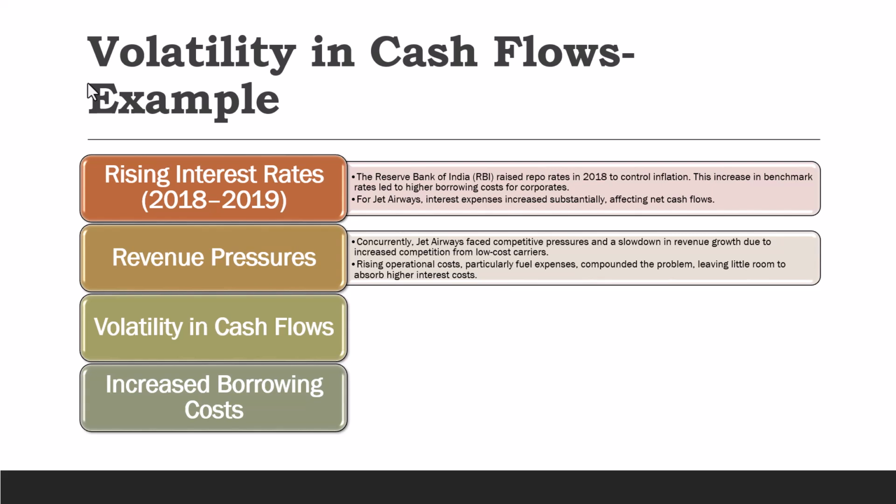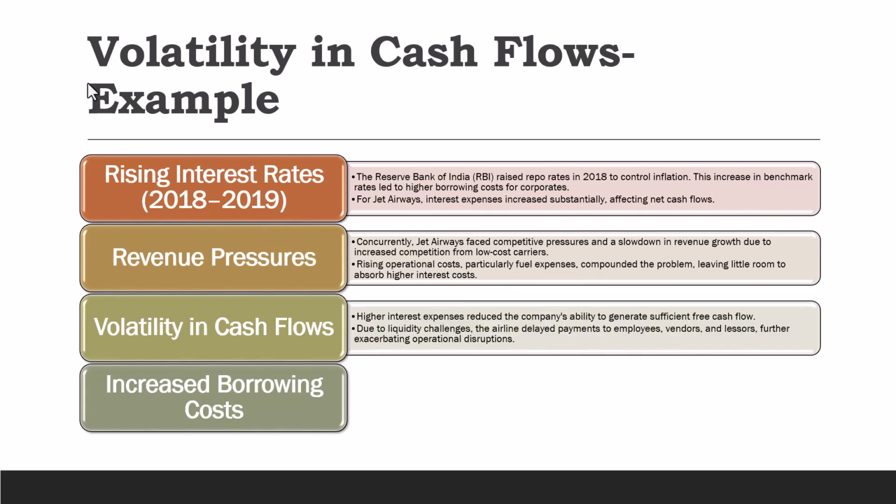At the same time, they were experiencing pressures on their top line also. Concurrently, Jet Airways faced competition pressure and a slowdown in revenue growth due to increased competition from low-cost carriers. Rising operational cost, particularly fuel expenses, compounded the problem, leaving little room to absorb higher interest cost. So volatility in cash flows: the result was that the cash flows were not stable.